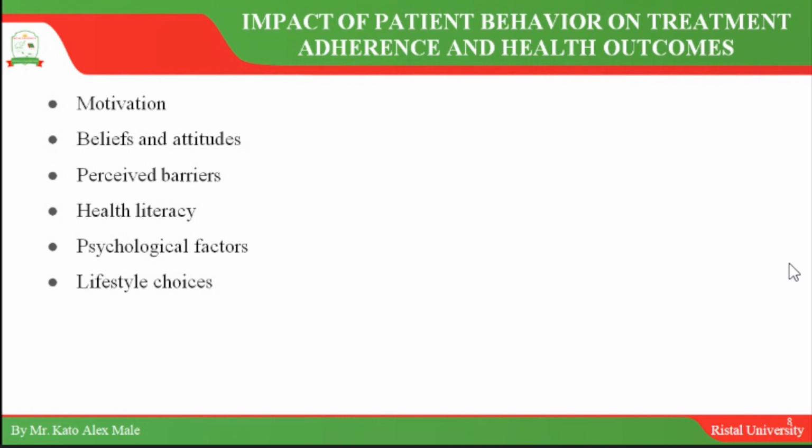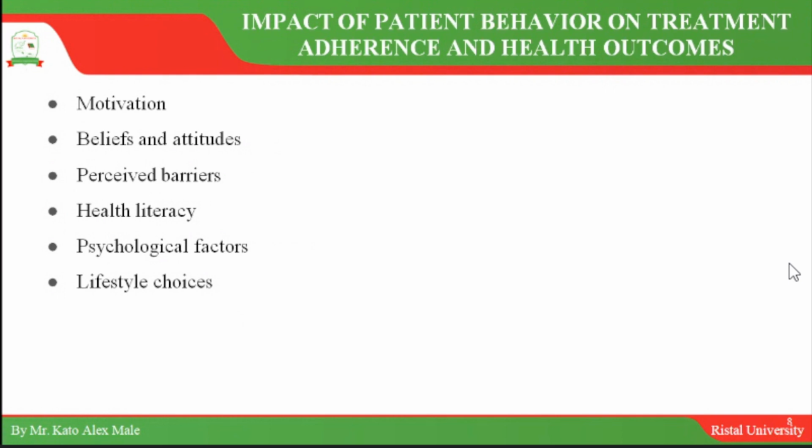Good. Then I've talked about beliefs. Then perceived barriers. This is in line with cognitive abilities, with the thinking, with the personality. Patient behavior tries to limit barriers to adherence, and instead, your patient will adhere to their treatment.